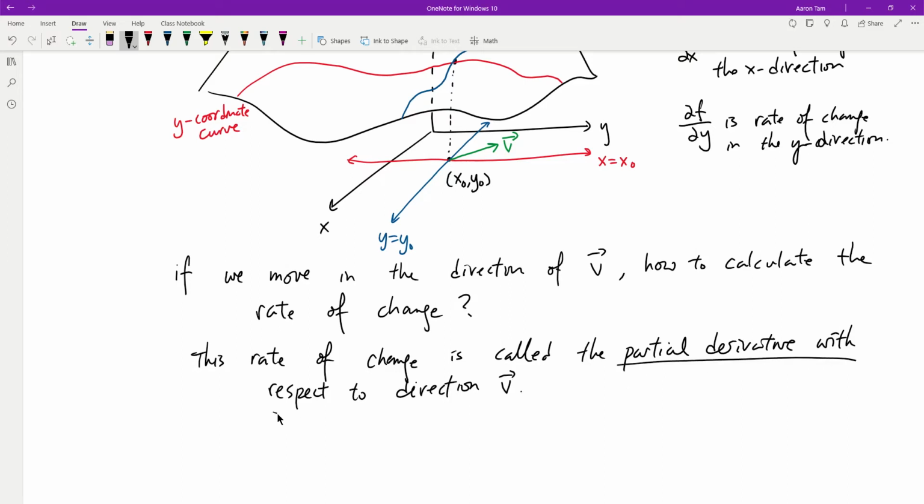And the notation for that is df over d vector v.